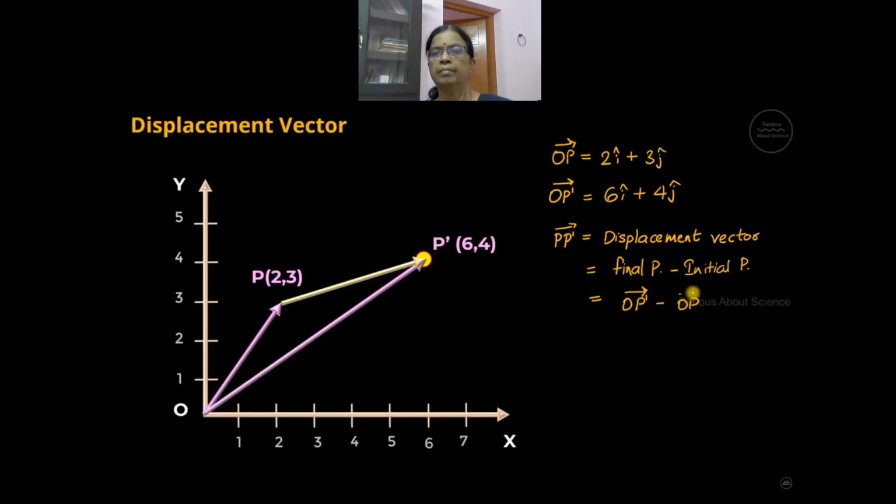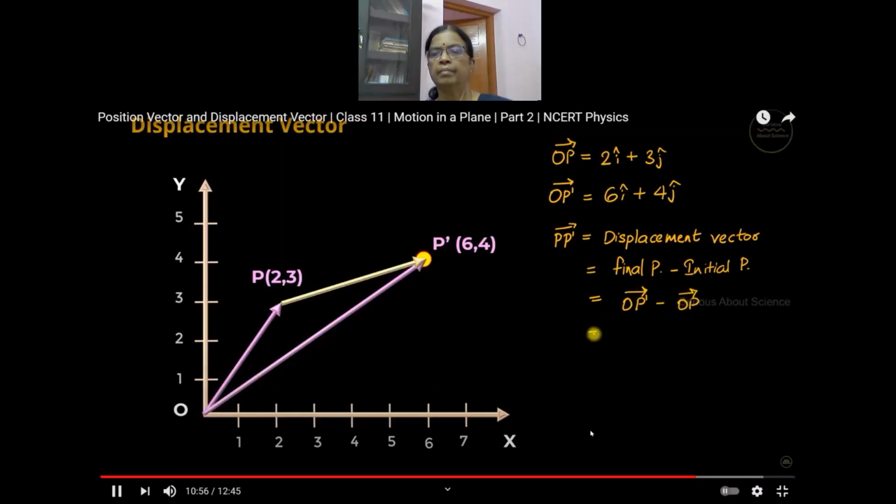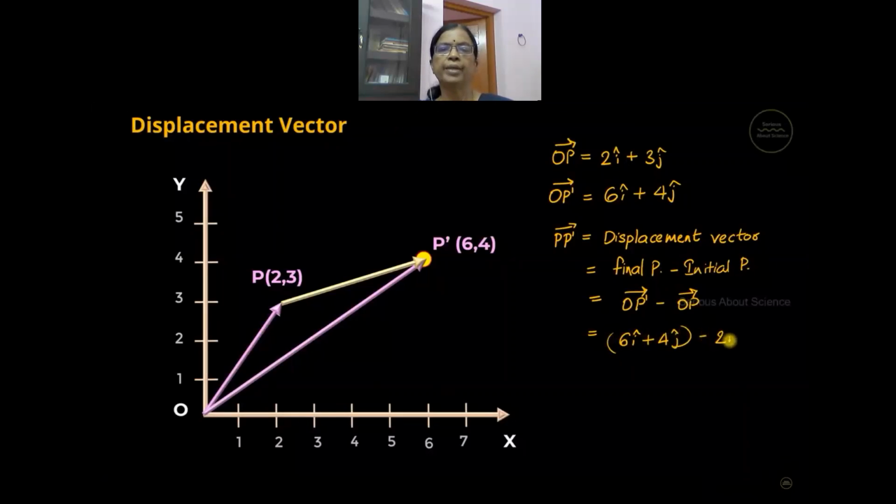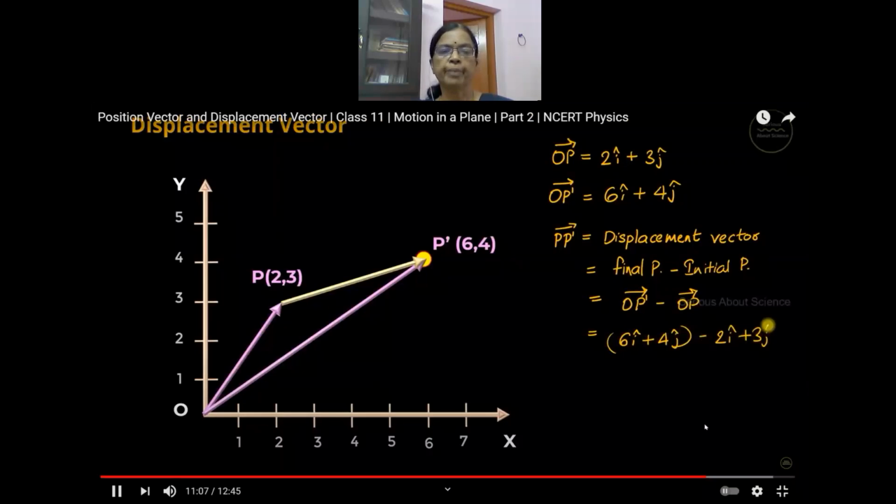If I evaluate, it becomes 6i cap plus 4j cap minus (2i cap plus 3j cap). So we found the displacement vector. Initially the particle is at P at a time t and at a later time t plus delta t. In a time interval delta t, the body moved from P to P dash.